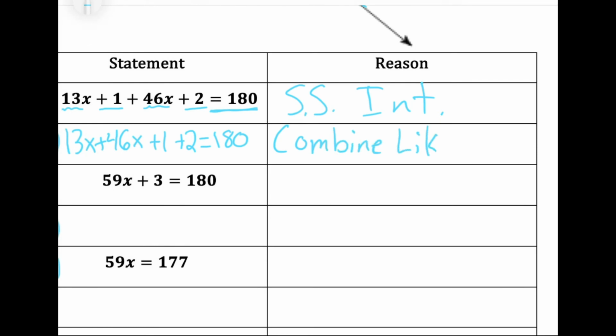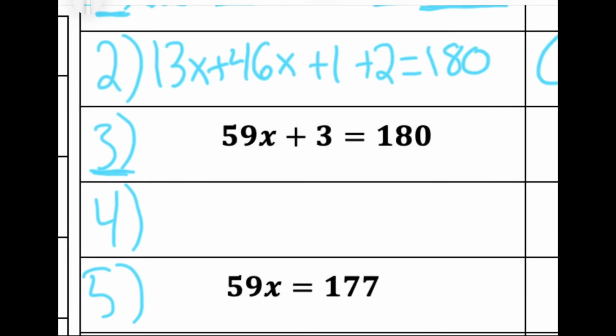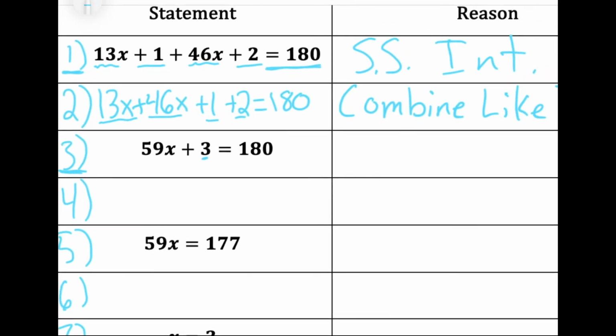Combine like terms. Now, in between statement 2 and statement 3, what did we do to get that 59x? We simplified. We did 13x plus 46. Then to get this 3, we did 1 plus 2. So in between statement 2 and statement 3, we simplified.